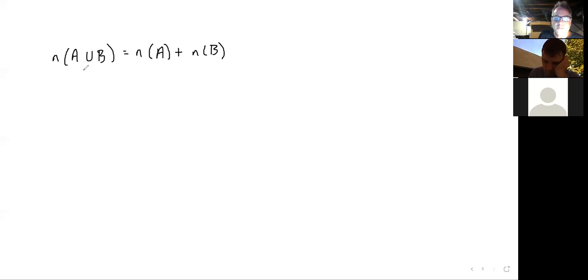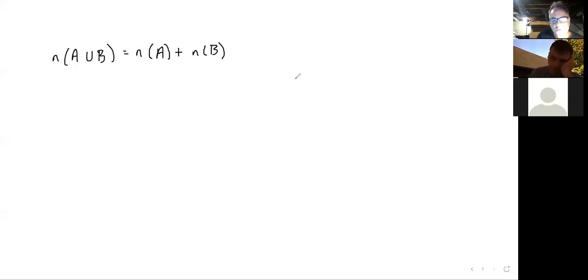The problem is this works fine if A and B are disjoint. If they have nothing in common, this is true always. But if A and B have something in common, then when you do this, it's going to be off by that number of elements that they have in common, because you'll count twice on the right-hand side.